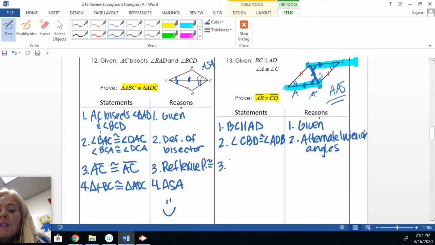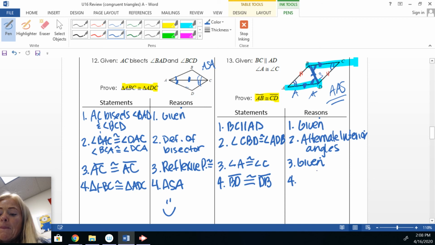All right, the next thing we can state is the rest of the given. Angle A is congruent to angle C because that's given. And so far we have two angles. We need the side. The side is side BD, and we need to go one to none, so DB. And that's by reflexive property of congruence. And then because of that, our triangles are congruent.